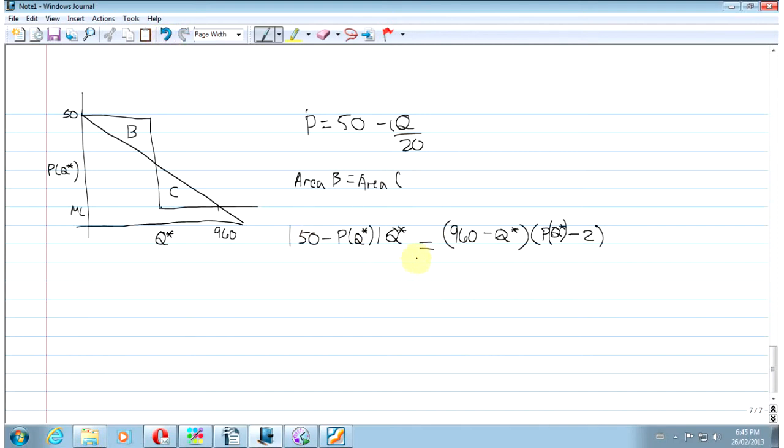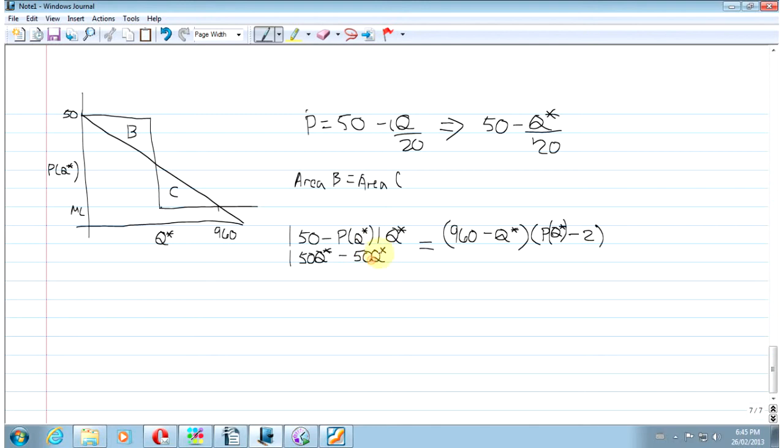So Q star being a positive number, I can multiply it into this absolute value sign with no problem. And I'm going to expand this P of Q star. P of Q star is just the regular P function with Q star plugged in, so it's 50 minus Q star over 20 instead of just Q over 20. Seems trivial, but it is what it is.